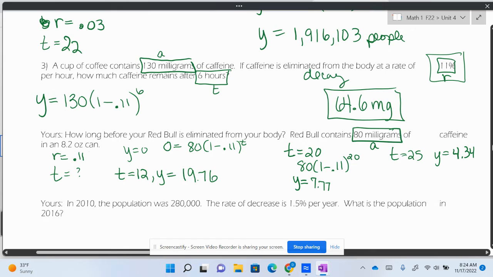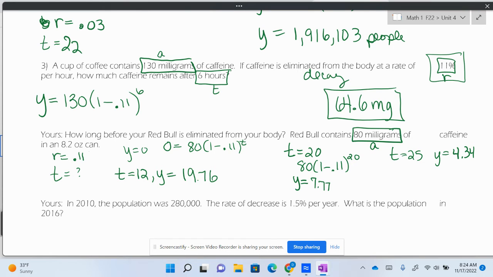Okay. So that means that the 80 milligrams of caffeine from your one Red Bull is still in your body after 1 day. Crazy. So what do you want to try now? Try 30. Okay. So t equals 30. What does y equal?